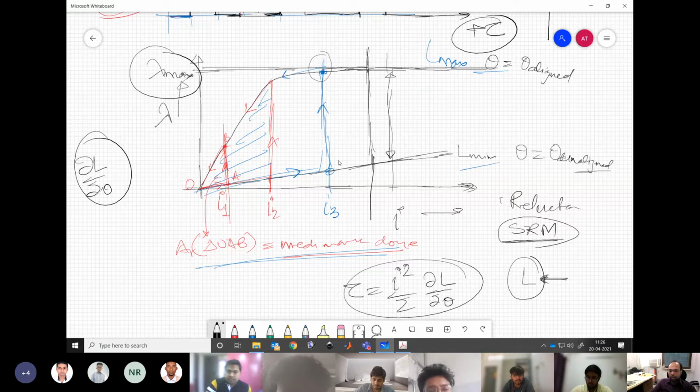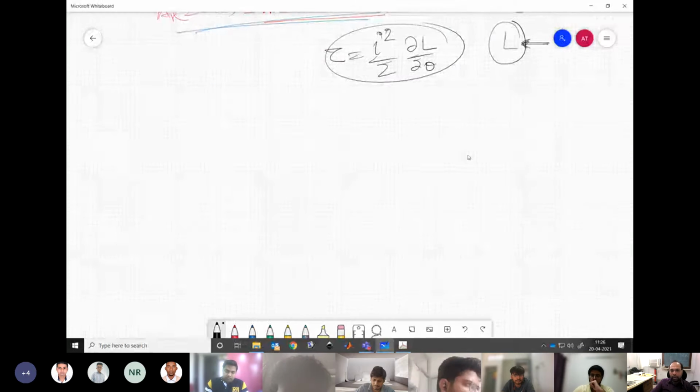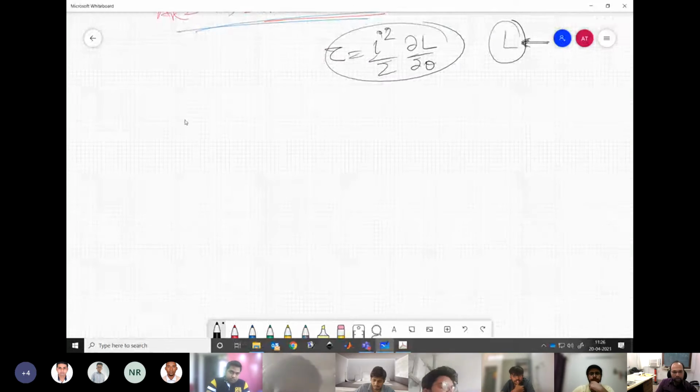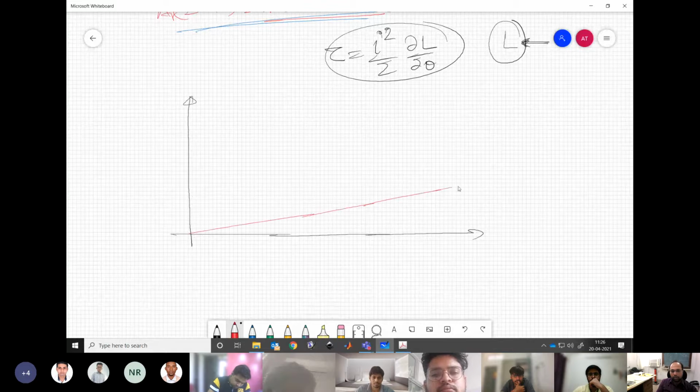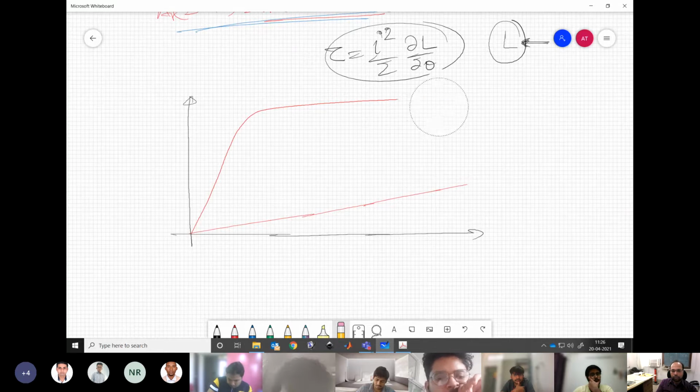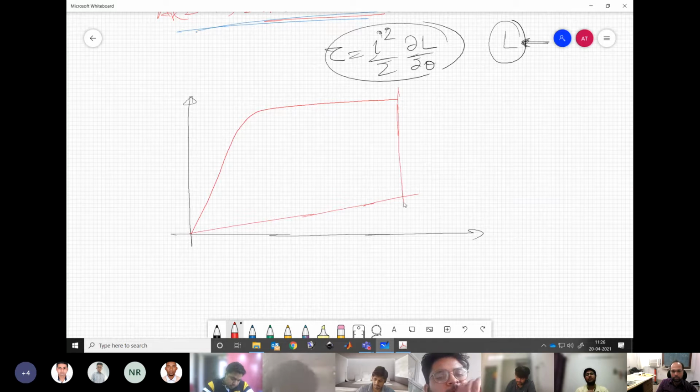So a typical lambda-I curve would look like this for an SRM. You will have the minimum inductance position and the maximum inductance position, something like this.